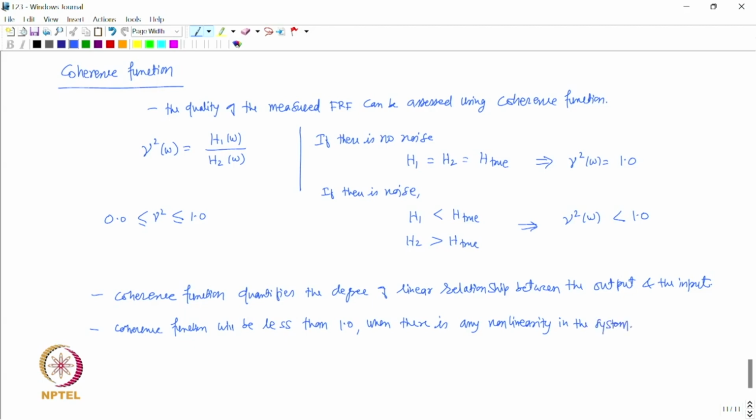Okay. So, thus both noise in the measurement and any non-linearity make coherence to be less than 1.